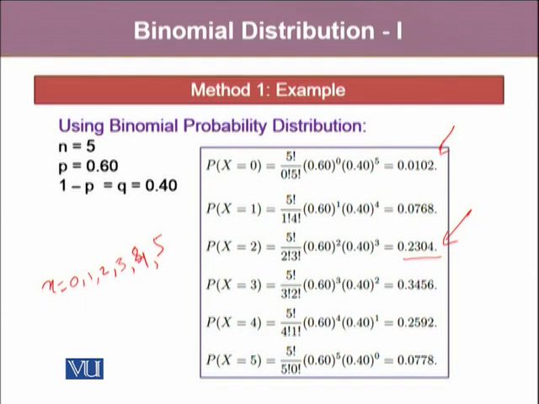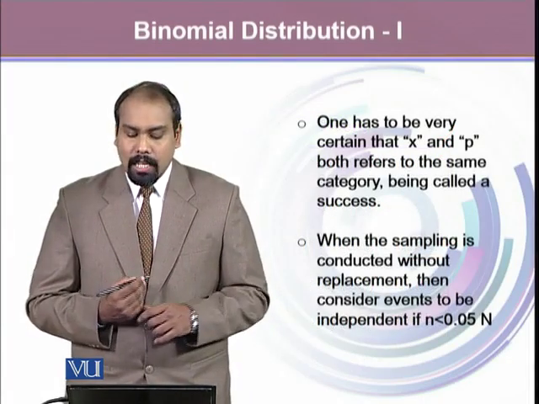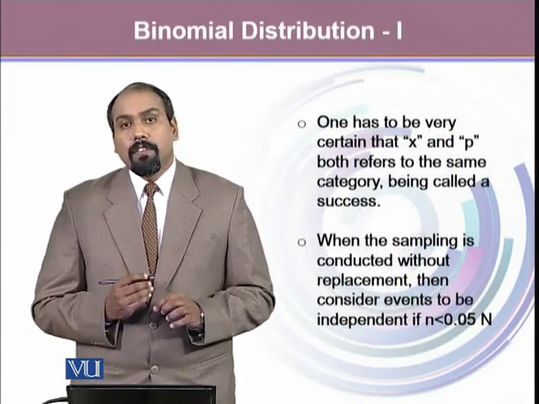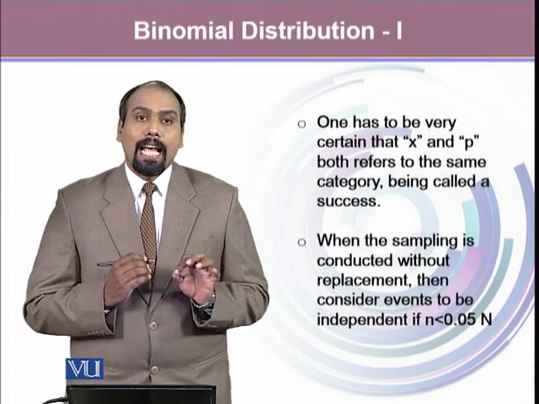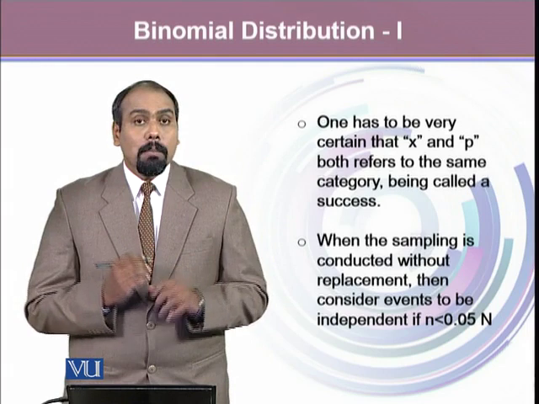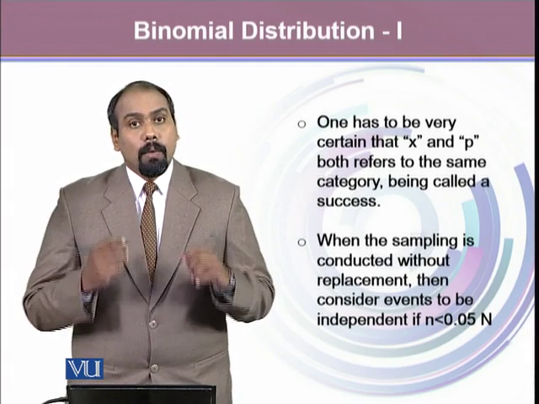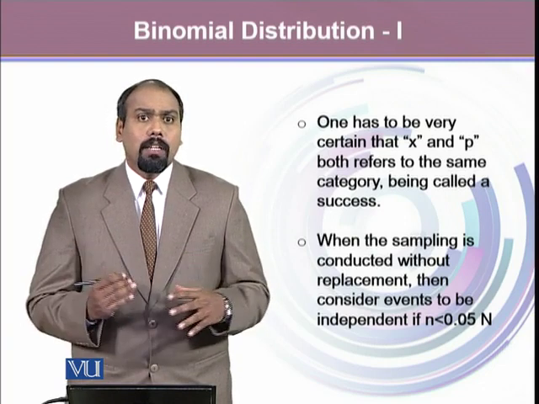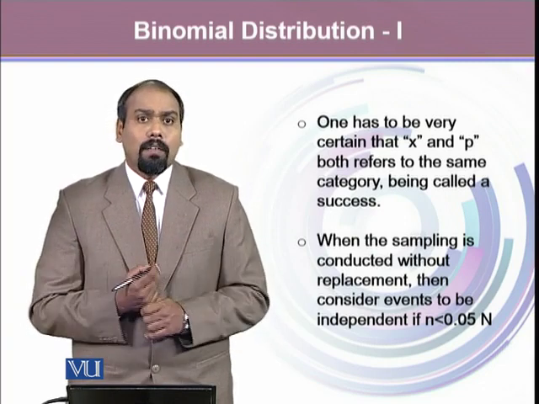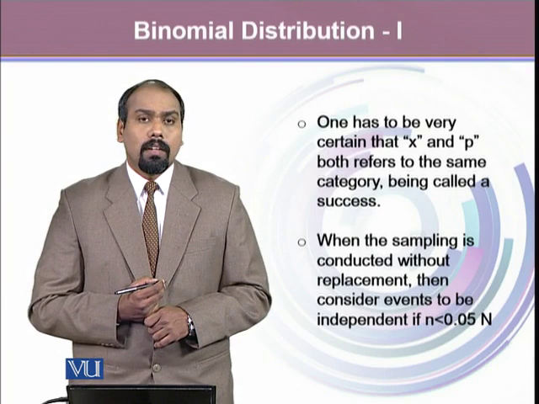One has to be very certain that x and p both refer to the sample category, being called a success. I want to make one thing clear: when we talk about anything being a success, it does not always have to be a material success that we often take in real life.